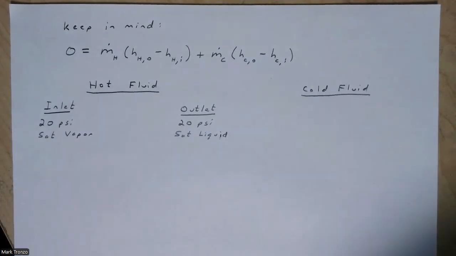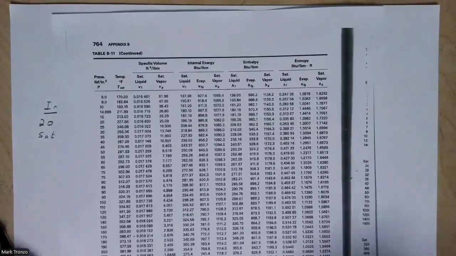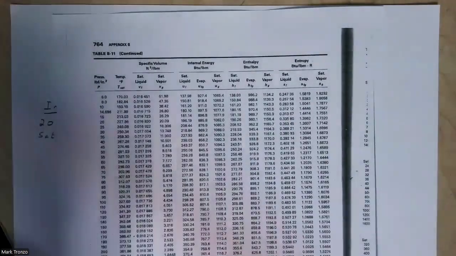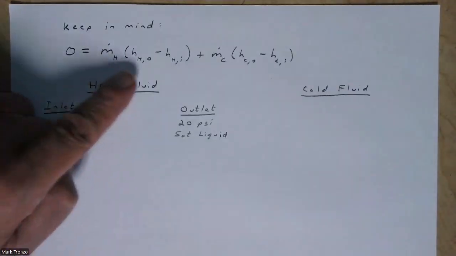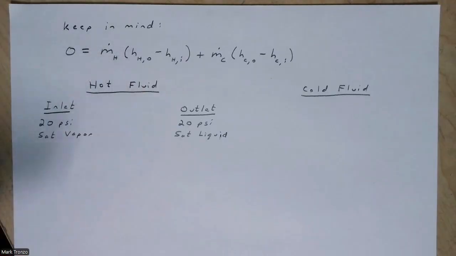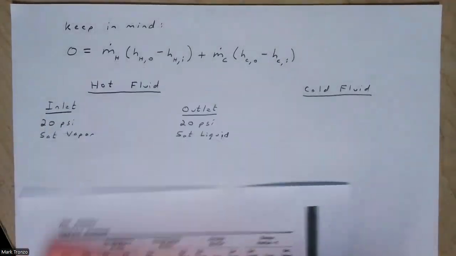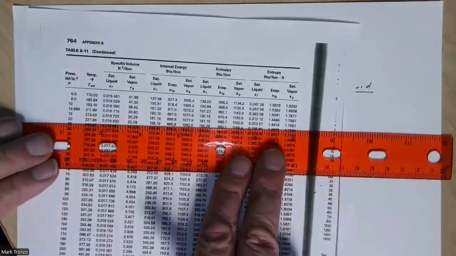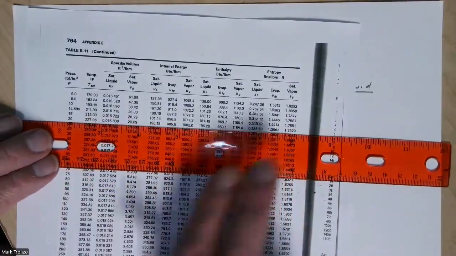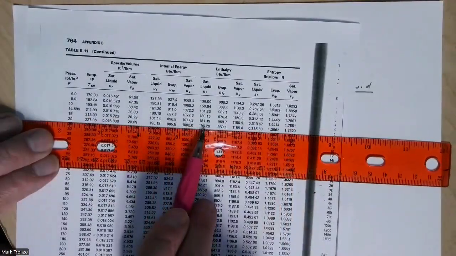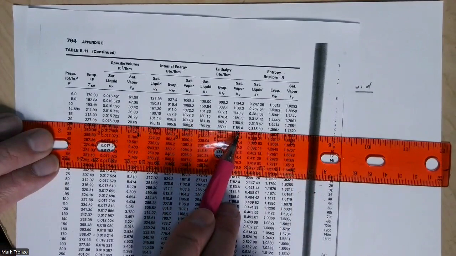And so we can look up our values in the table. If we look under the saturated steam table, again keeping this equation in mind, you see what we need. We need the enthalpies. So for the inlet of the hot fluid, that's going to be saturated vapor. At 20 psi, remember, saturated vapor is going to be Hg.